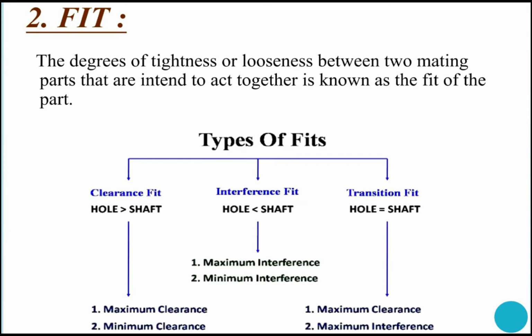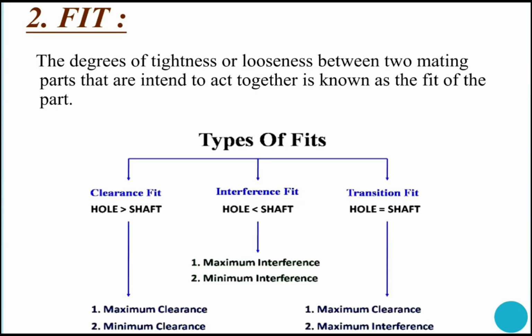If you are talking about the types of fit, there are three types of fit. First one is clearance fit, second one is interference fit, third one is transition fit. The clearance fit is when the hole is greater than the shaft. That means the shaft is put inside the hole, going in clearly, with no obstacles.